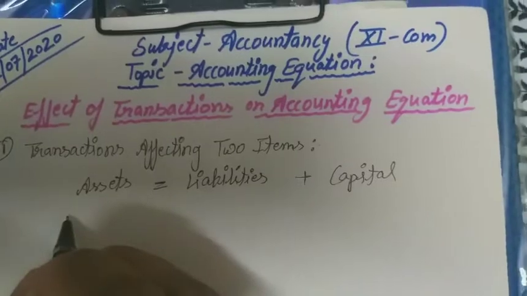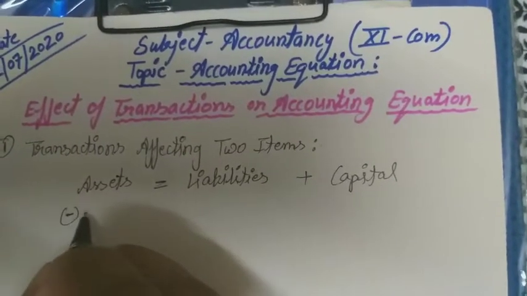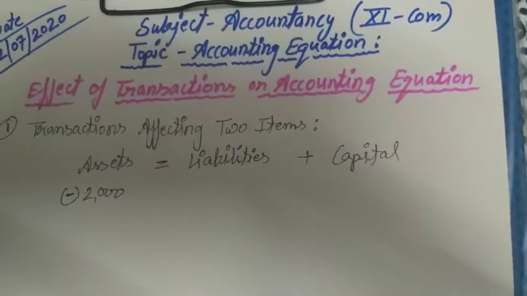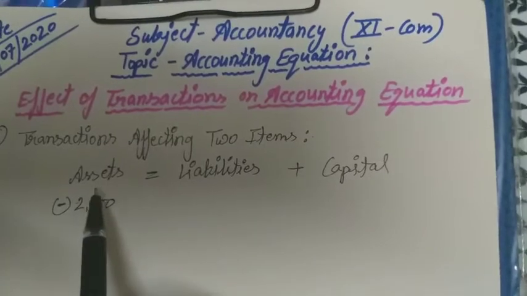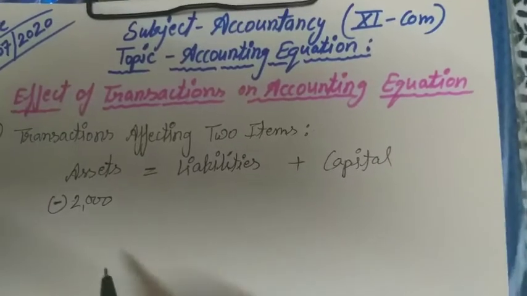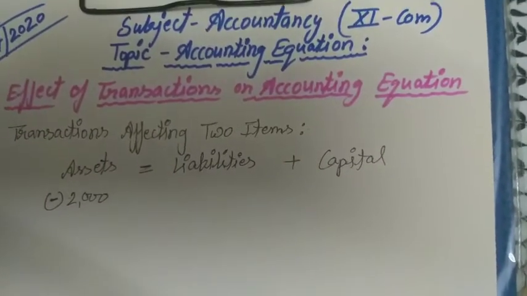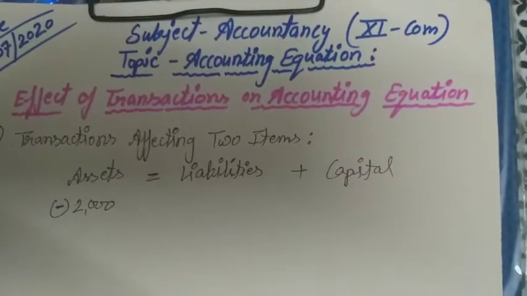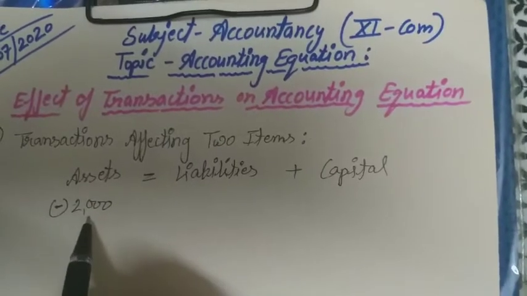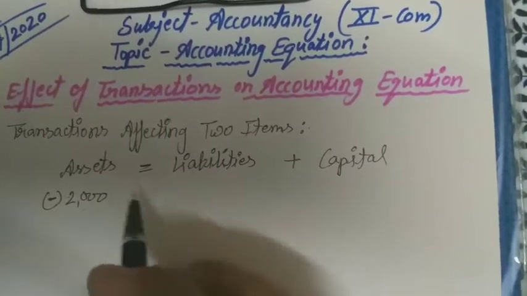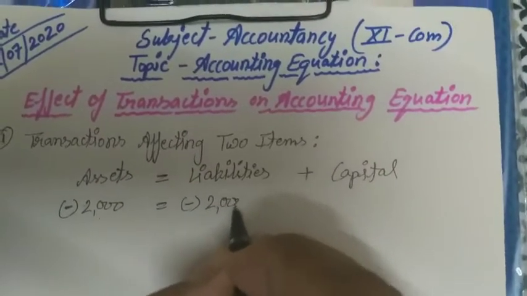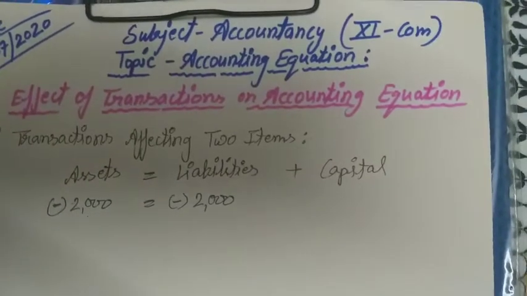Suppose 2000 rupees is subtracted from assets. One transaction is there: we paid cash to a creditor. If we paid cash to a creditor, assets will reduce because cash is going out, and liability will also reduce because creditors come in liability.